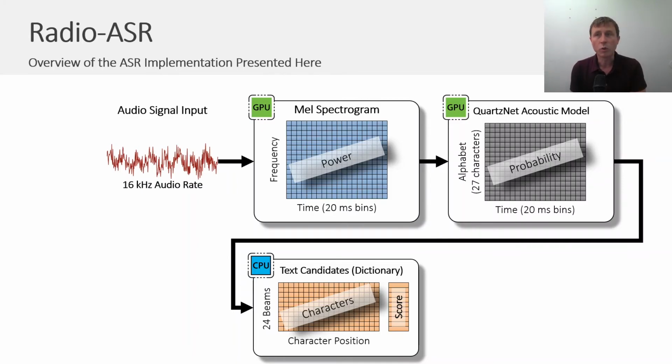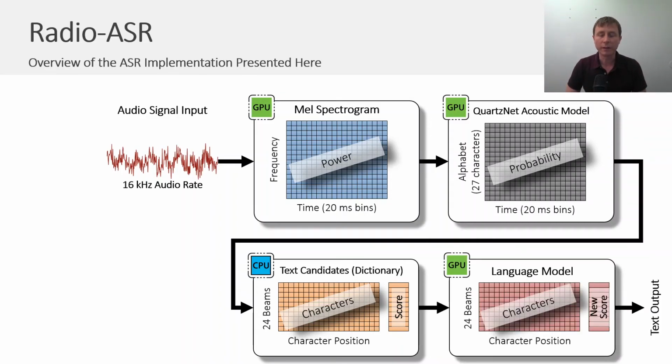And we chose 24. And then finally, you send that to a language model. This is a neural network that is executed on the GPU. And so you take those 24 beams and you rescore them. So from the text candidate section, each beam had a probability with how accurate we think it is. You rescore those now with the language model, and that's what you end up outputting: the most probable beam there.